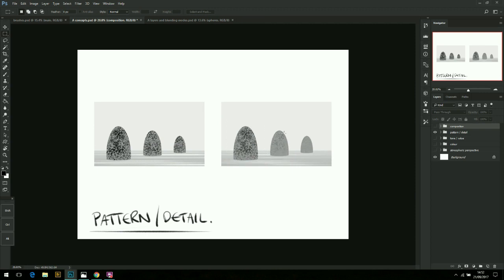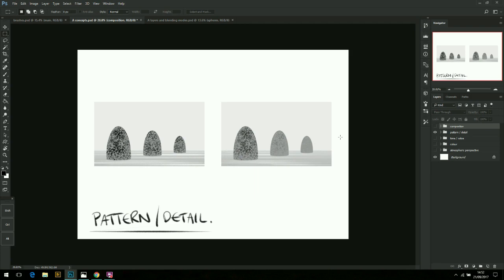In contrast, if there's a lot of detail here and here, where does the viewer look? Whereas if there's a lot of detail here and not much here, the eye is going to be drawn into this point. It's almost like contrast. So there's a contrast in the amount of detail.